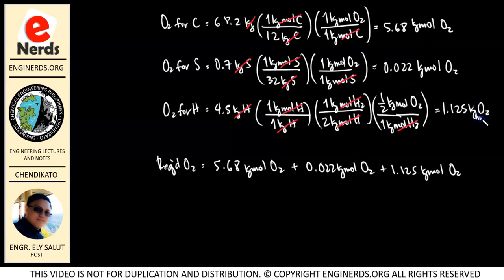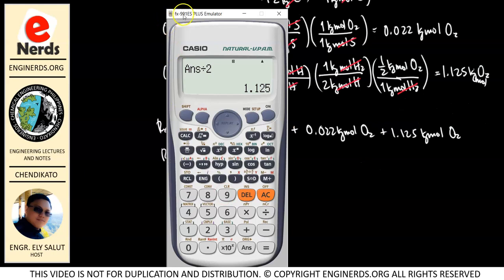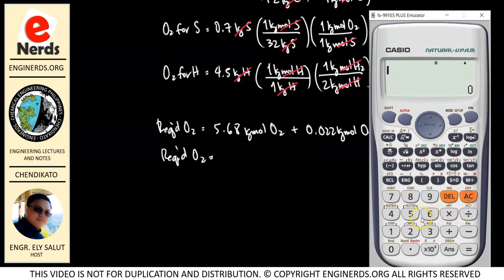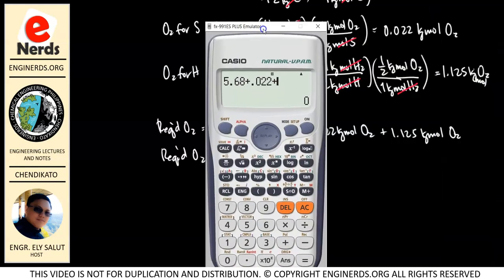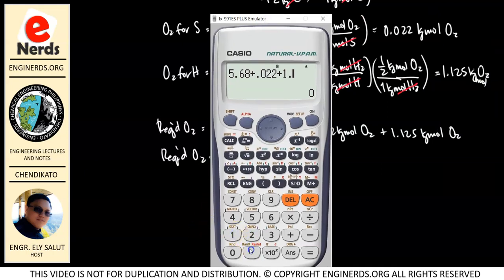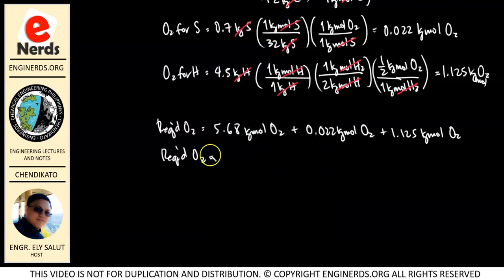So, ilan ang ating required O2 for complete combustion? So, we have 5.68 plus 0.022 plus 1.125. And this is equal to 6.827 kilogram mole of O2. Okay?